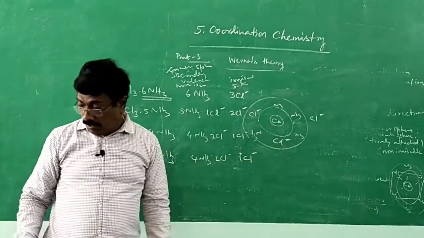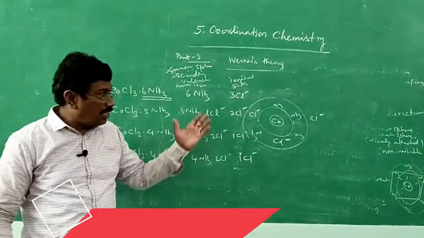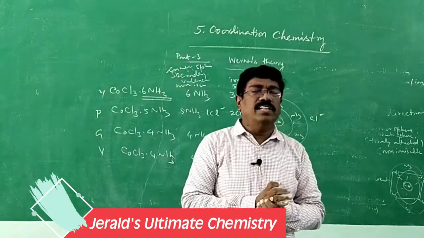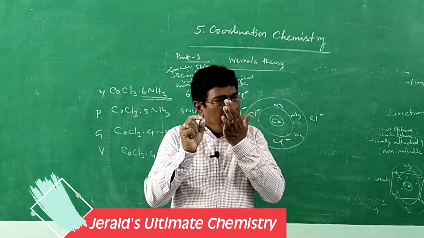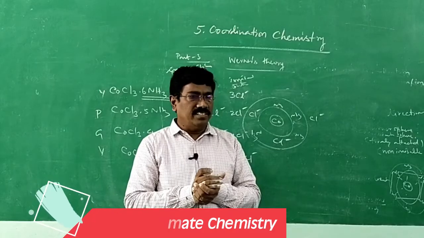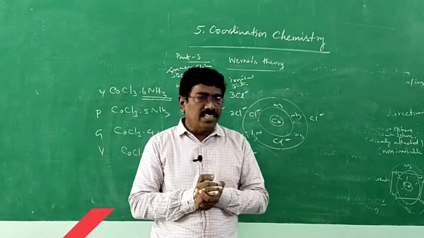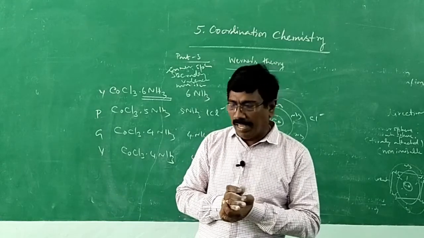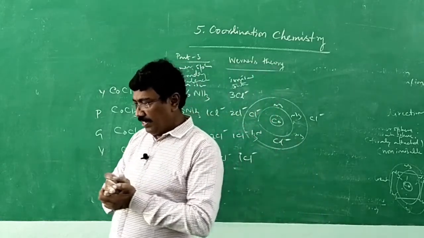Questions based upon this may be asked. So these are all the postulates of Werner theory. The important demerit or drawback of Werner theory is that it does not explain the color and magnetic moment of the coordination compound.